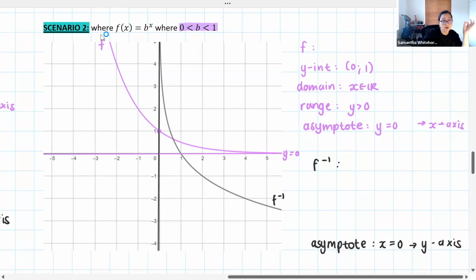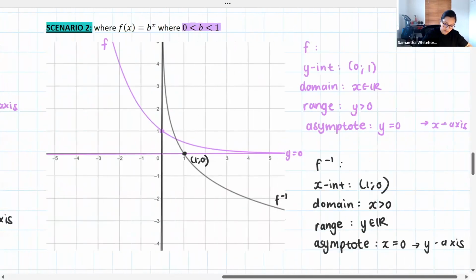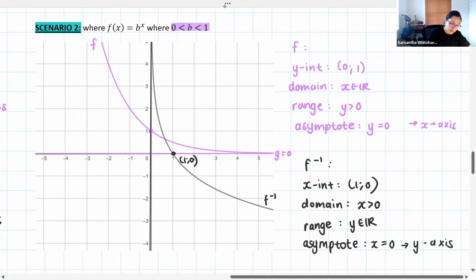Which means it can't have a y-intercept, but because of that coordinate swap, we do have an x-intercept, and that is at 1, 0. And we can see that here. When we talk about our domain, it is only from the asymptote towards positive infinity, so x greater than 0. When we then talk about the range, it's extending all the way up from positive infinity, all the way down, so y element real.